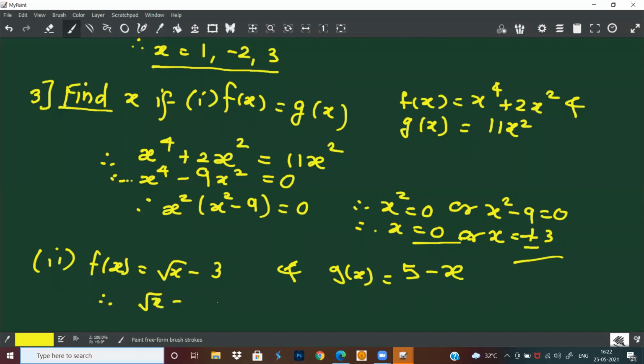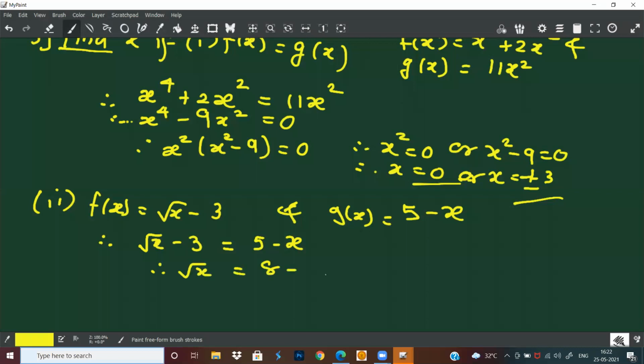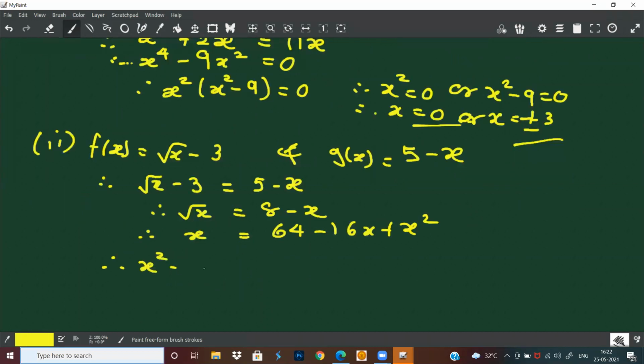So f of x is equal to g of x. So you root वाले side में रखो. So squaring both sides. अभी ये फैक्टराइजेबल तो नहीं लग रहा है, करेक्ट? तो फॉर्मूला से करो, a is 1, b is -17, c is 6.